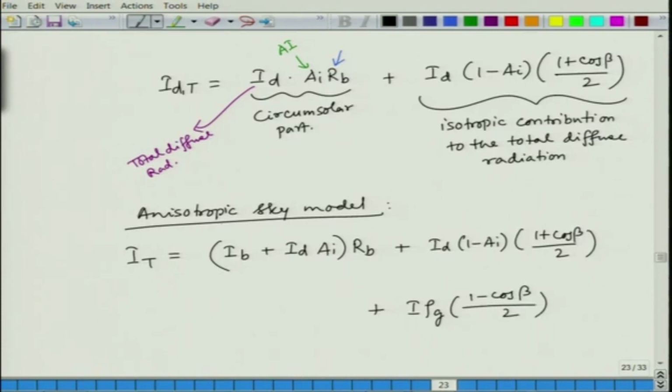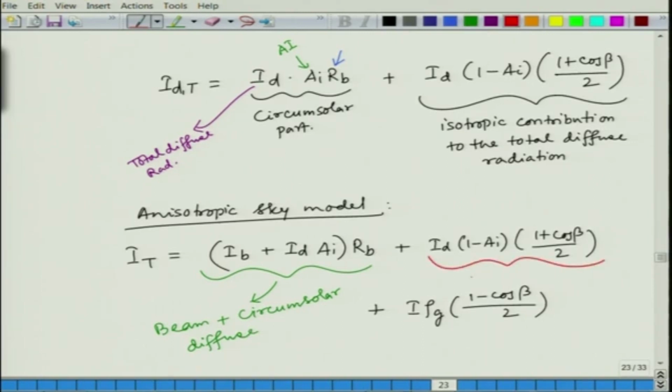Okay. So, this is the beam plus circumsolar diffuse, okay. This is the isotropic diffuse part, okay, and the last term is the ground reflected.